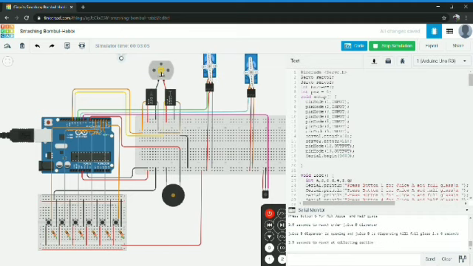Now again the DC motor will rotate in the opposite direction to take the glass back to the collection area, and here is the buzzer beep that the process is completed.